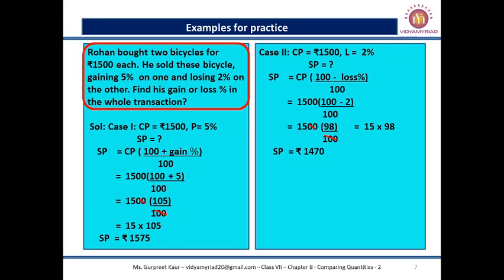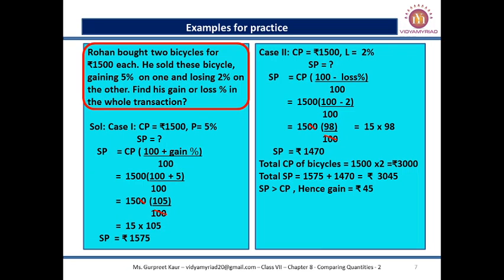Now we want to know what is the total gain or total loss in the whole transaction. So let's find out the total cost price of the bicycles. There were 2 bicycles. So 1500 into 2 is equal to 3000 rupees. Then what is total SP? 1575 plus 1470, which will give you 3045 rupees. If you see, selling price is more than the cost price, hence gain is 45.